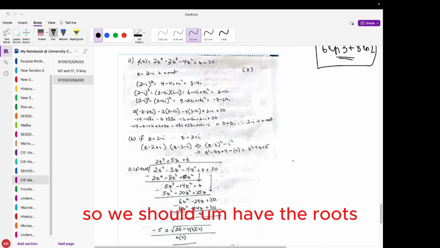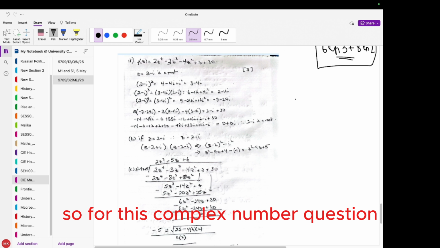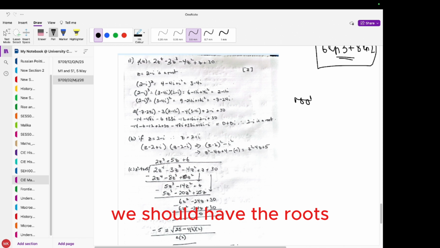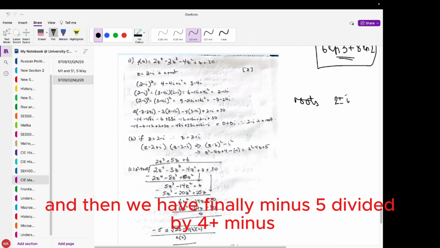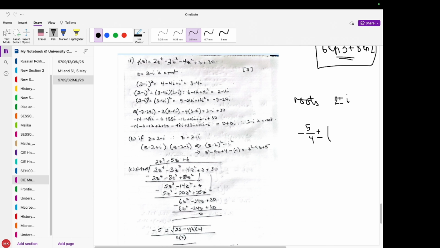For this complex number question, we should have the roots 2 plus minus i, and then finally minus 5 divided by 4 plus minus square root of 23 divided by 4 i.